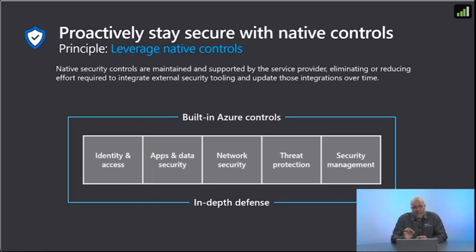What we mean by native security controls are controls that are maintained and supported by the service provider, and that eliminates or reduces the effort required to integrate external security tooling and update those integrations over time. And so, as I mentioned, you look at an in-depth defense strategy, and you look at the built-in Azure controls, going from the controls available to you from an identity and access standpoint, from an apps and data security standpoint, network security, threat protection, as well as security management.